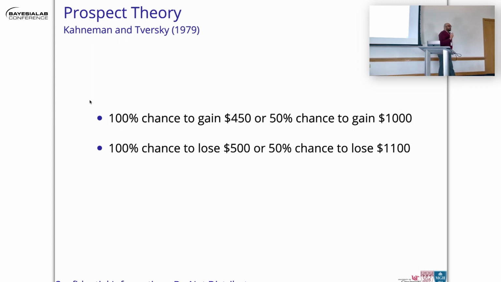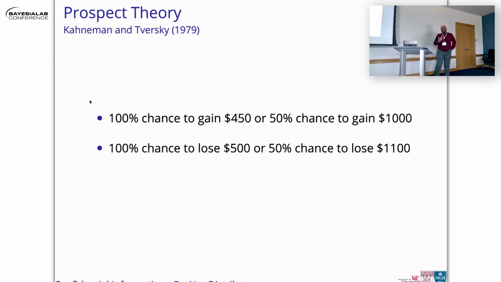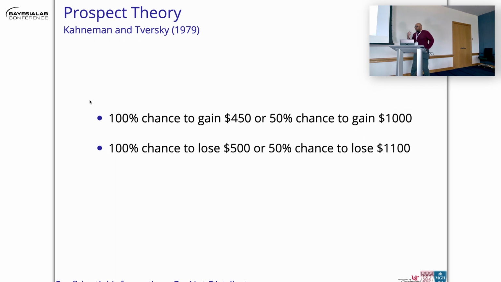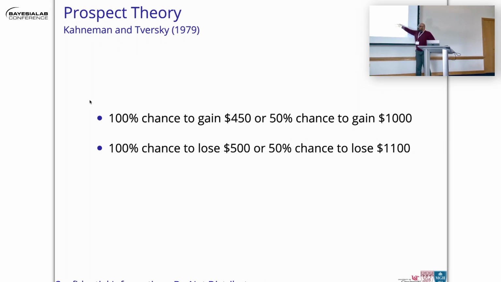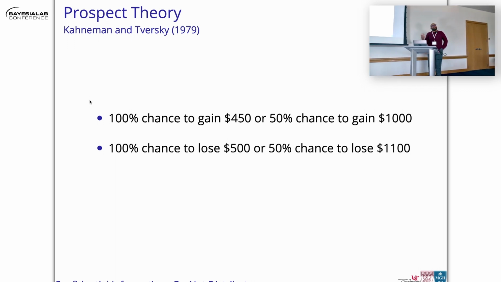So you're in the process of mitigating your losses and you weigh the probabilities radically differently. Even though we are subject to the same probability, the way we perceive that probability is substantially different.